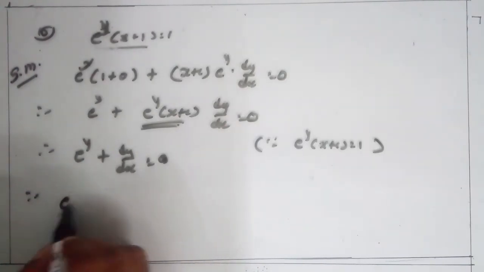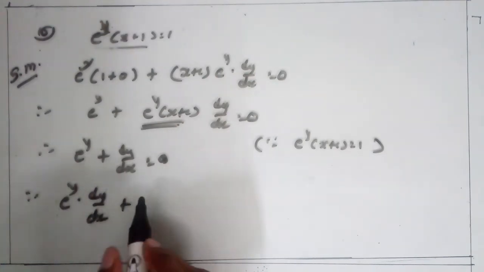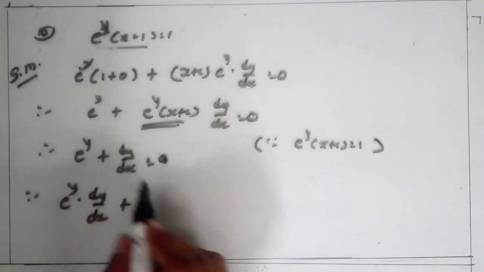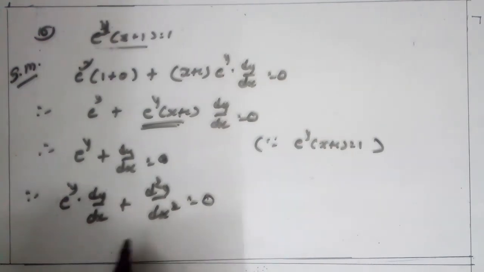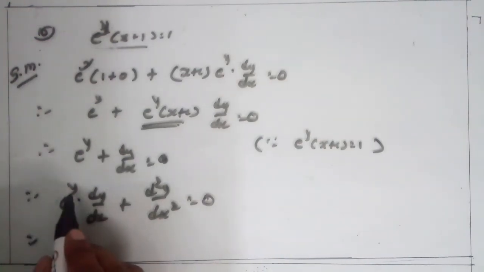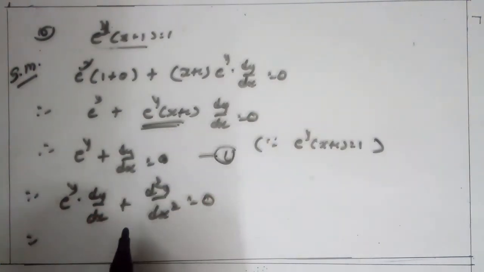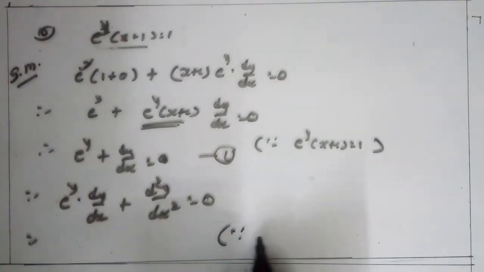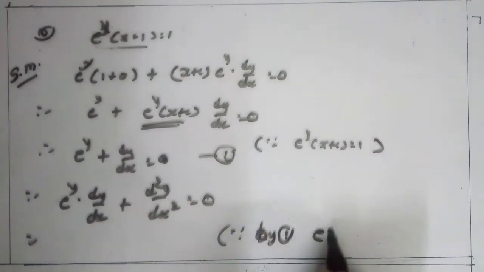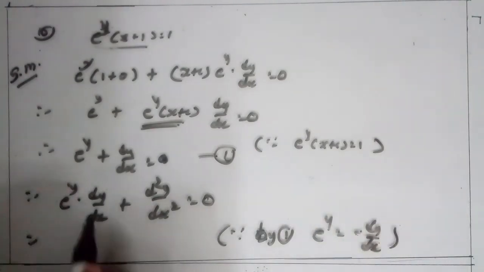So here e^y into dy/dx plus derivative of this, d²y/dx², is equal to 0. Clear? Here e^y, we know from this result, e^y = minus dy/dx. Clear? Replace here.